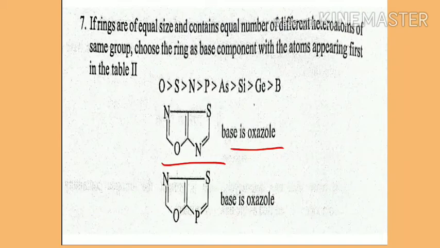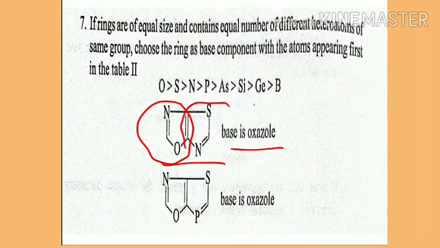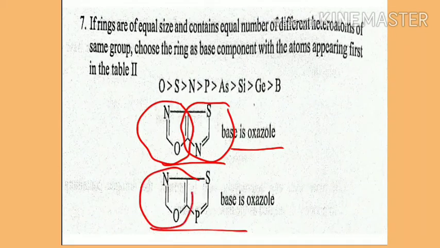So this ring is the base component, this ring is the attached component. And in this compound, both oxygen and nitrogen are given priority. So this is the base component and this ring is the attached component.